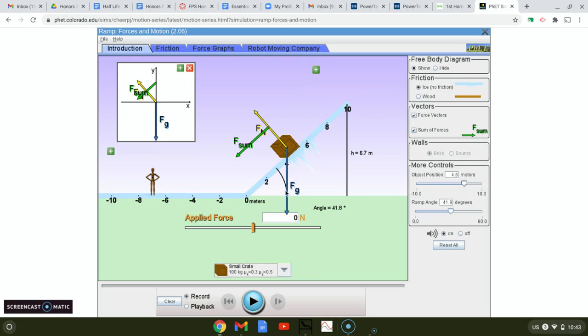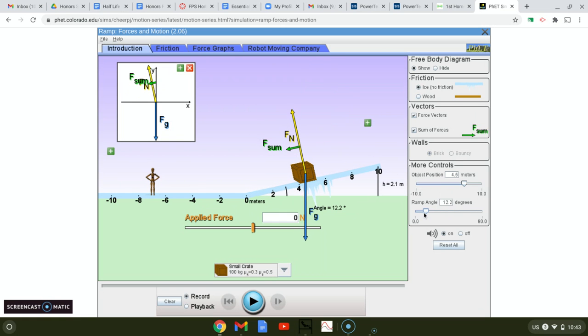Now, the normal force, how hard that ramp and the object push against each other, will change due to the angle. If I make the angle smaller, you notice the normal force gets much bigger and the net force gets much smaller.